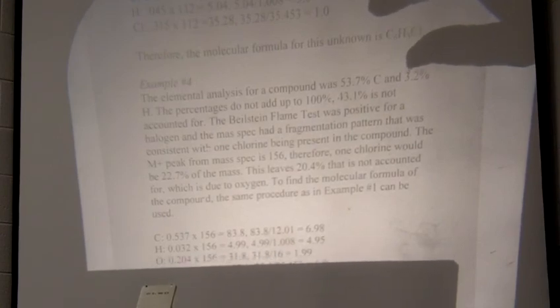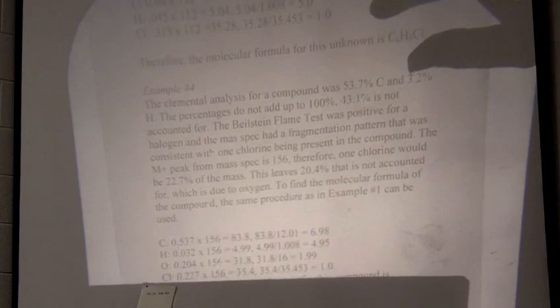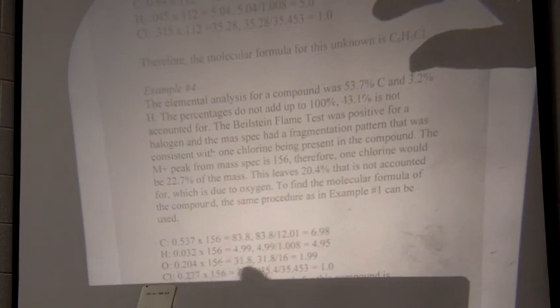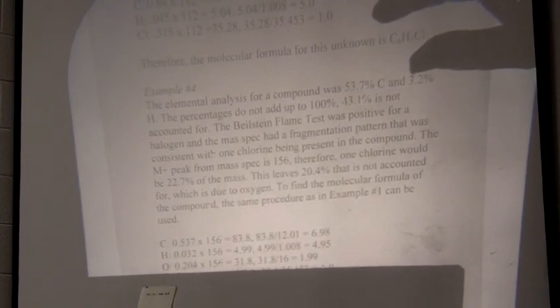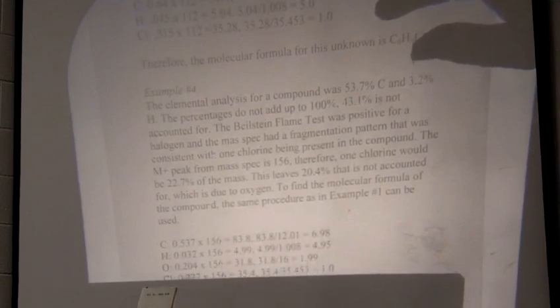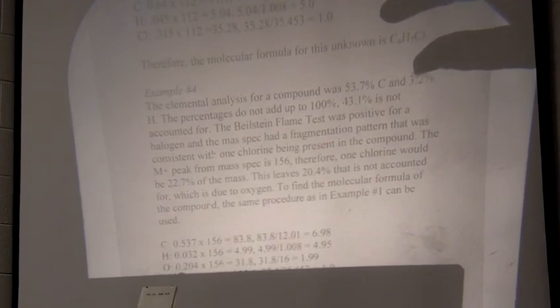For oxygen, what you will want to do is figure out how much the chlorine accounts for. Let's see what 1 chlorine is. Then what we have left is the percentage that wasn't accounted for by the chlorine, the carbon, or the hydrogen, and that's where we figure out the oxygen. Sorry, not 31.8, 20.4% was not accounted for.